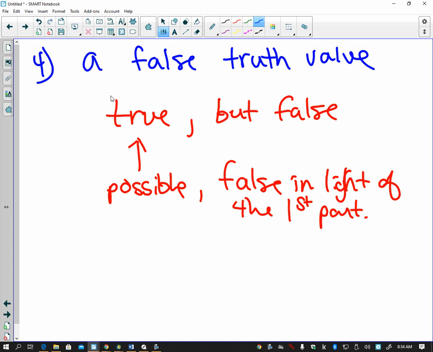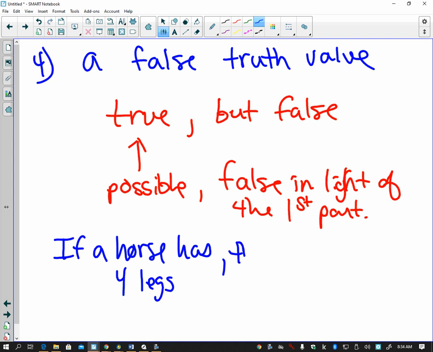Say, if a horse has 4 legs, then it is a bird. Right? Can a horse have 4 legs? Yeah, that's a true, possible statement. But the conclusion doesn't equate to the hypothesis. Does that make sense?